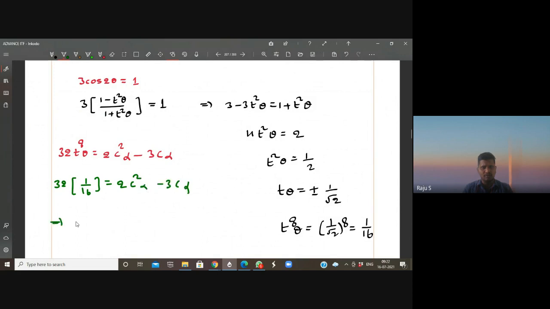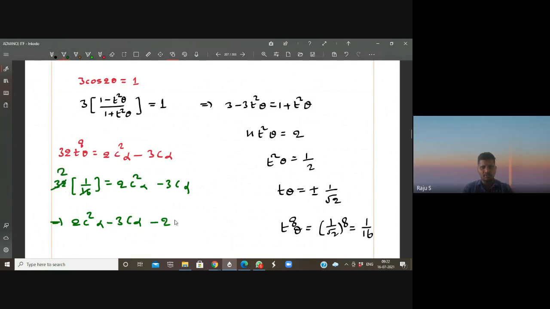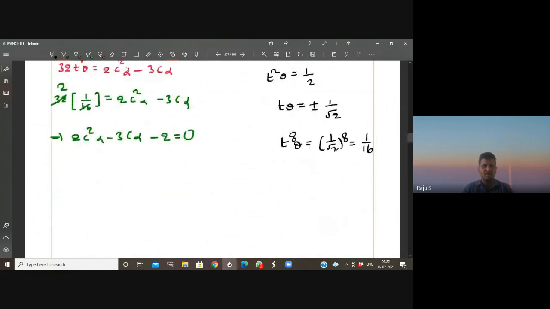Which implies 2 cos square alpha minus 3 cos alpha, and what is the remaining one when I cancel here? Minus 2, equal to 0. Find the cos alpha values.